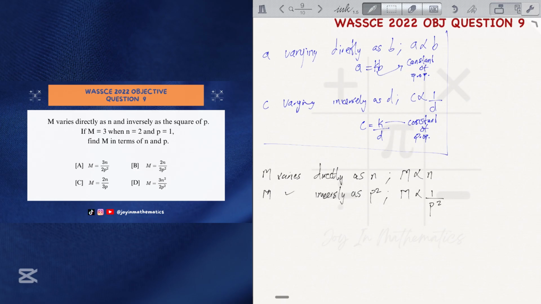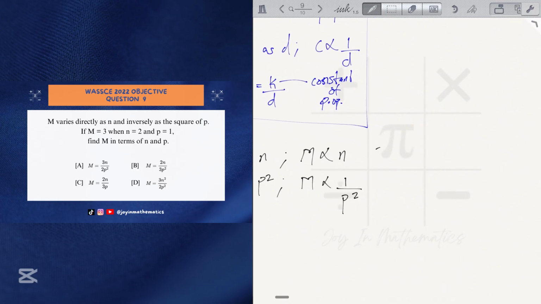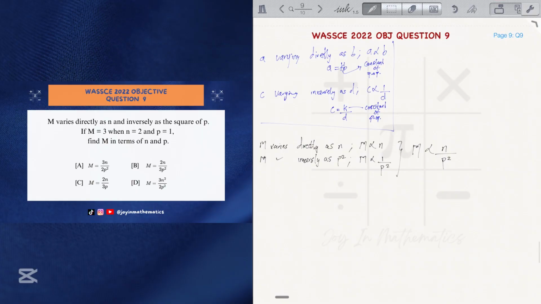So with this, we can combine the two together, and this will result into m proportional to n divided by p squared. Just as we did here, where we want to change from proportionality sign to equals to sign, we introduce the constant of proportionality.